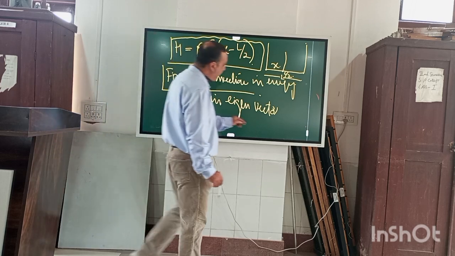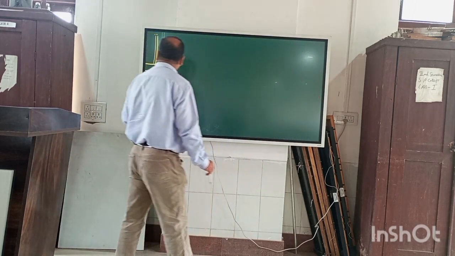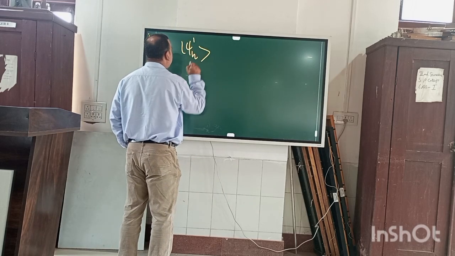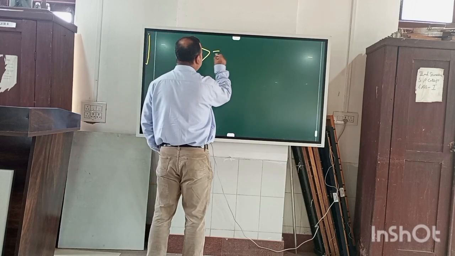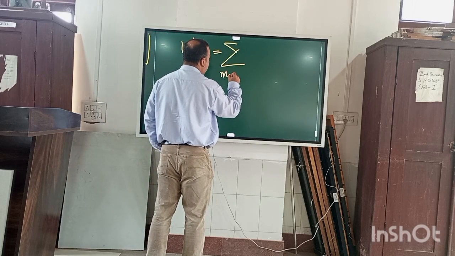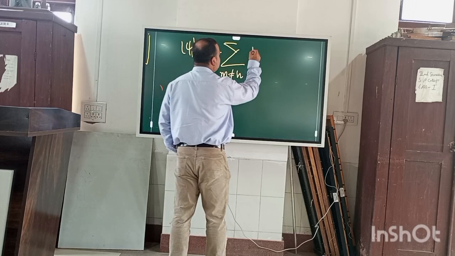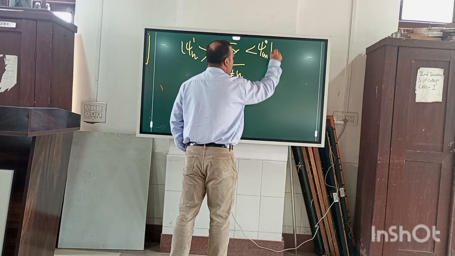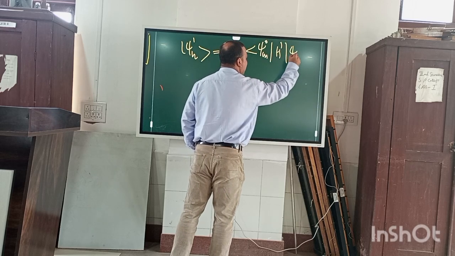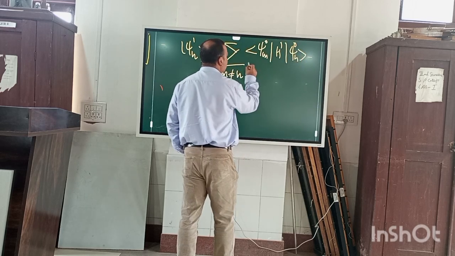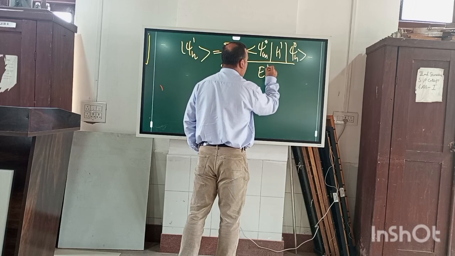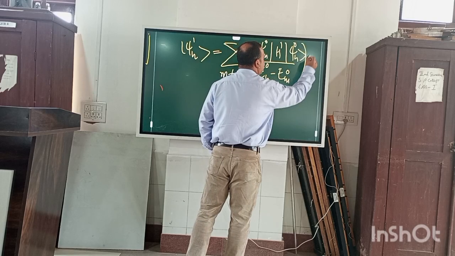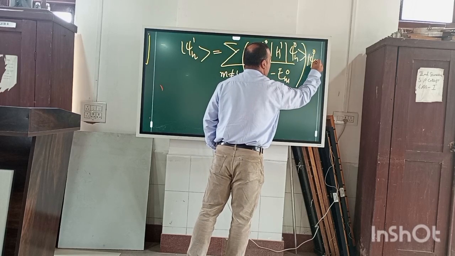Proceeding from here, if we have to calculate the first order correction in the eigenfunction, that's given by the sum over m not equal to n of the expectation of psi m naught, H prime, psi n naught, divided by En naught minus Em naught, times psi m naught.